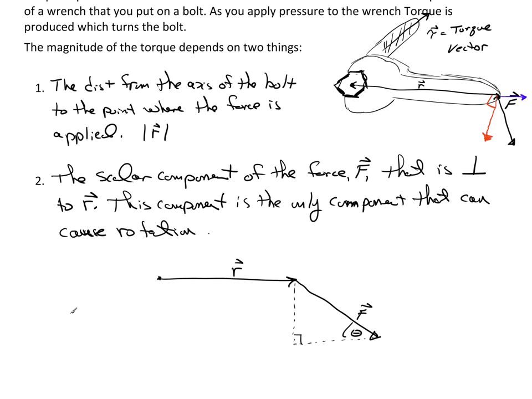So the component that I'm talking about here is going to simply be the magnitude of F times sine of theta. The length of F times sine of theta. That gives me this piece right here, which is perpendicular to r, that would cause rotation.